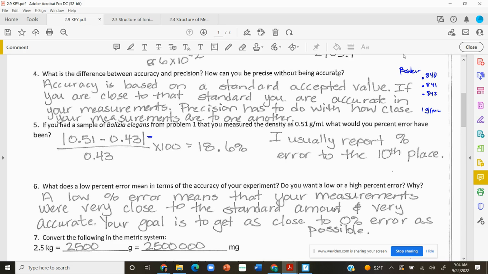If I do 0.43 minus 0.51, it's a negative 0.08. So it doesn't matter which one you put in because it's absolute value. You're going to ignore the negative sign anyway. You just need to make sure that you also have the accepted on the bottom. Does that make sense?